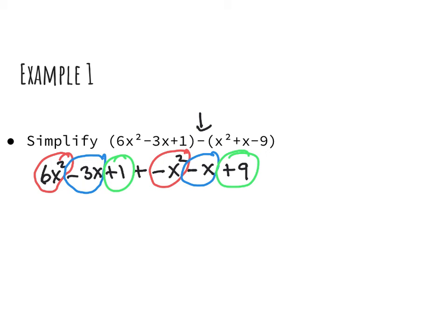So the variables that don't have a number in front of them, I'm going to put a 1 here and a 1 here. So combining like terms, 6x to the second, take away 1x to the second, that gives you 5x to the second. Negative 3x minus 1x, that's negative 4x. And 1 plus 9 gives you 10. So this is your final answer.